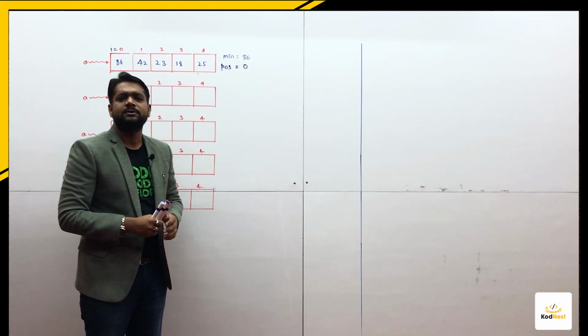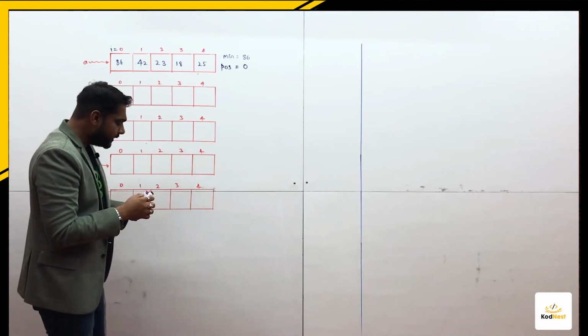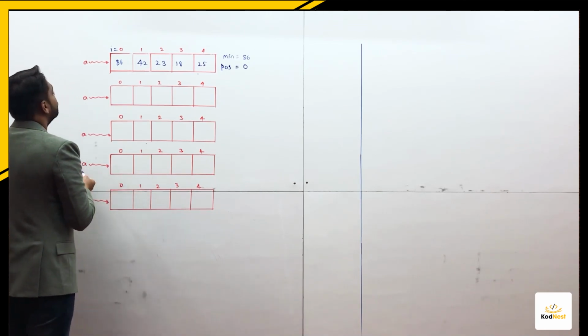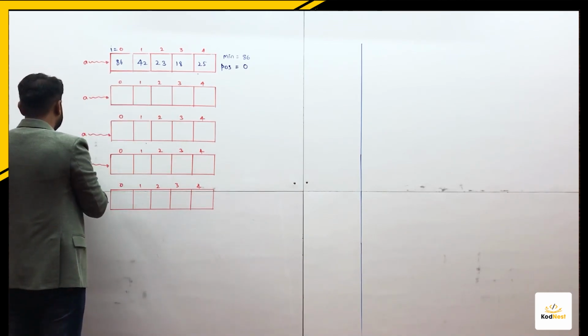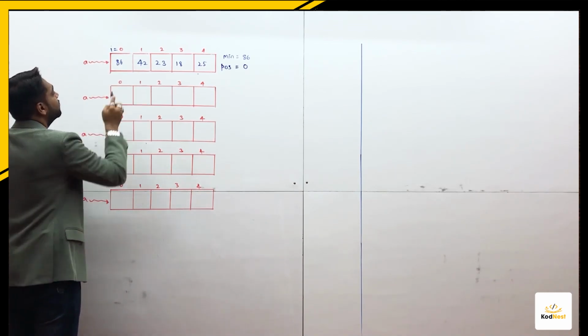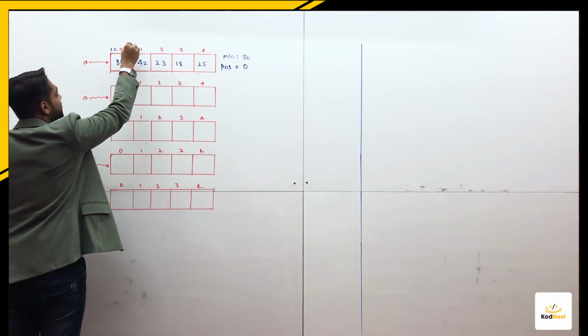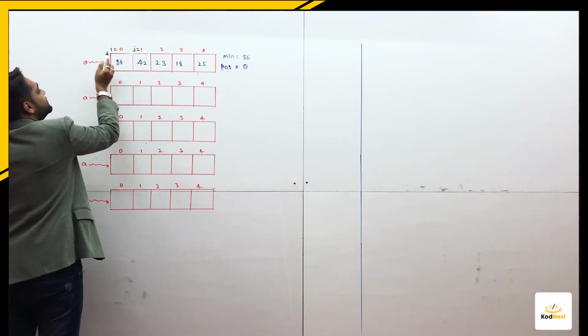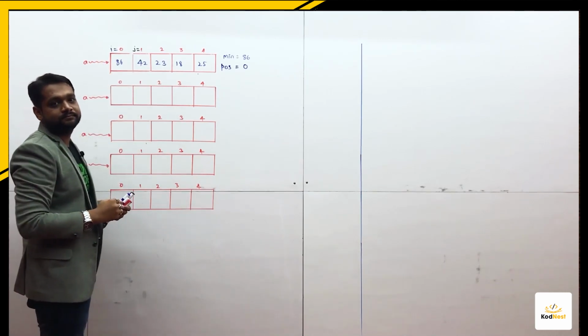Okay sir, next what? Appoint one servant called J, one step ahead of I. I was 0, J is one step ahead of I, J is 1.